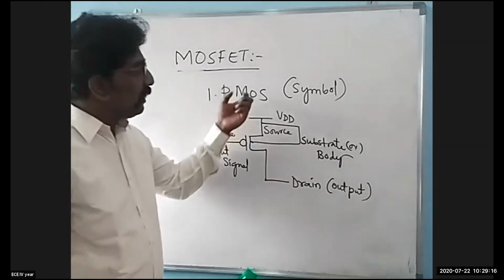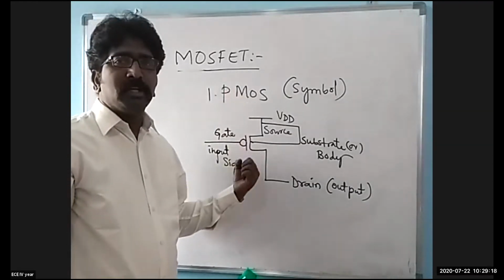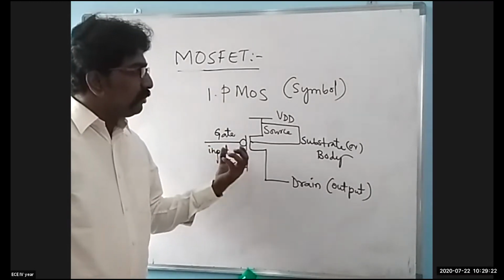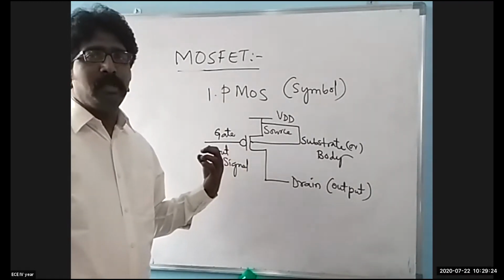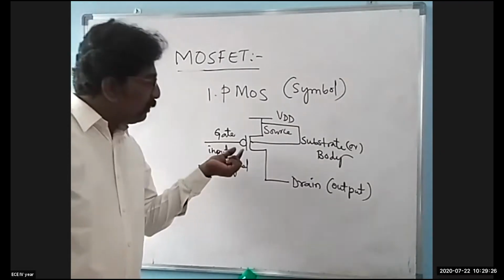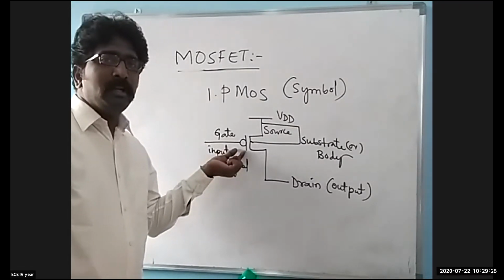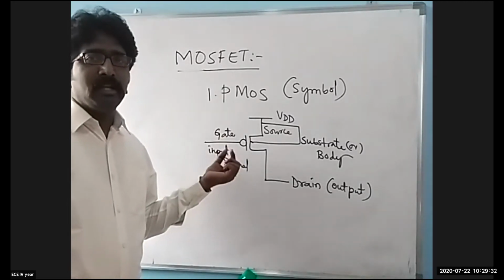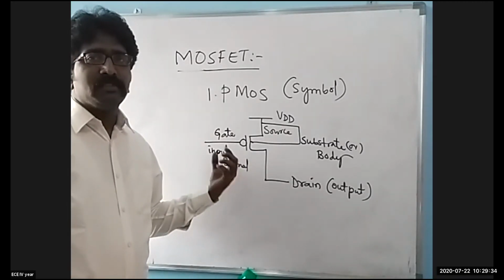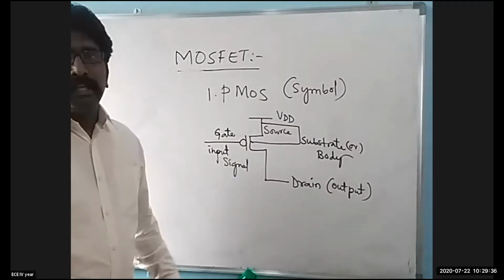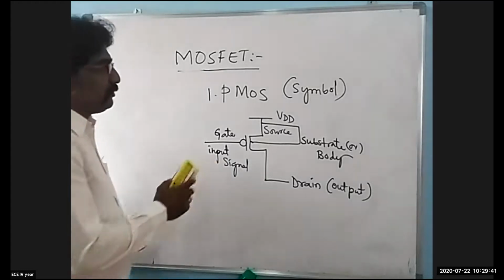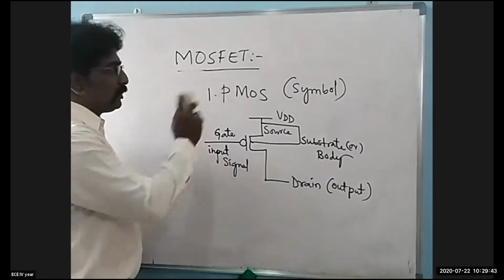Source is the terminal where the main supply is given to that device. To classify nMOS and pMOS symbolically, the bubble is very important. If the bubble is connected at the gate terminal, it is called a pMOS device. If the bubble is not connected, we call it an nMOS device. I hope the structure is clear to you, and I'll move on to the next part.